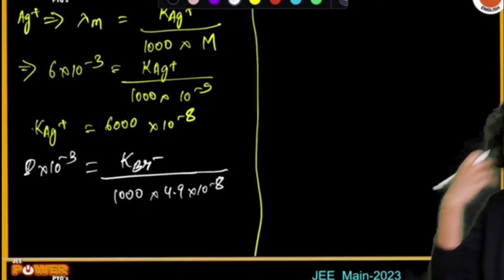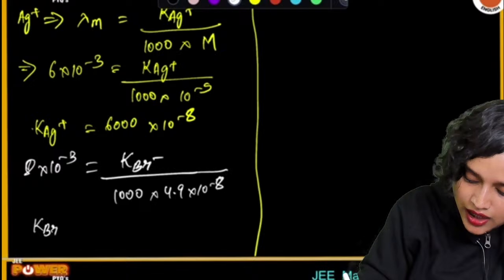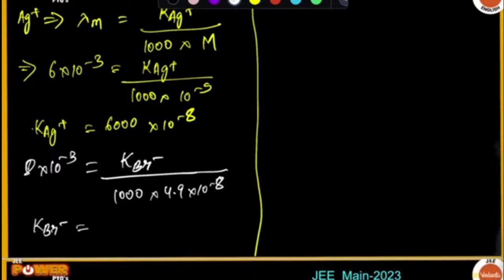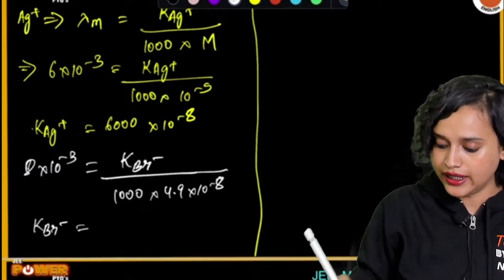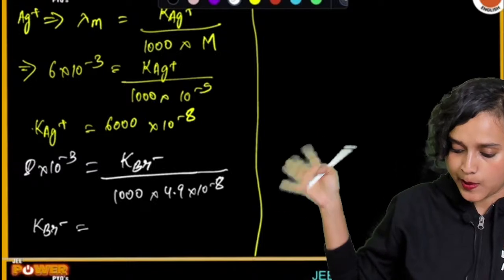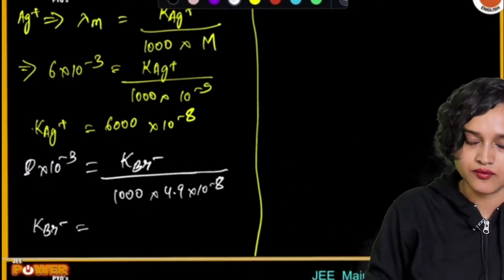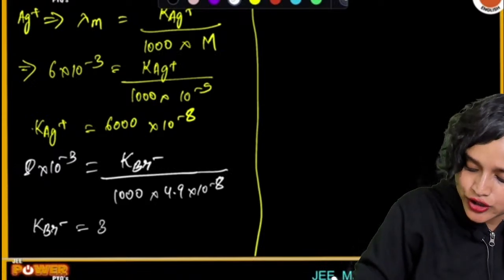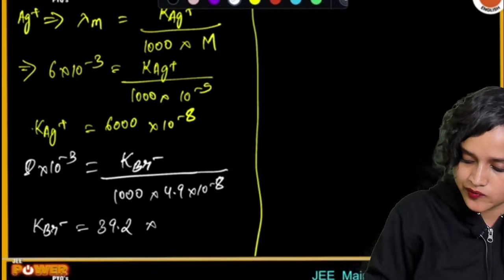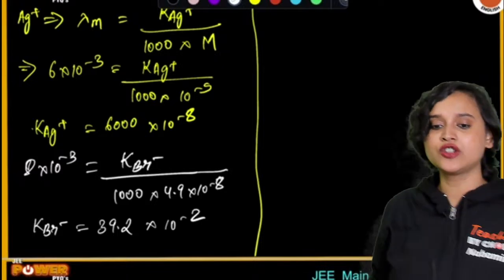If you calculate this, how much will you be getting? K Br minus, 4.9 into 8. 8 4s are 32, and 8 9s are 39.2. 39.2 into 10 to the power minus 8, this is what you should be getting.